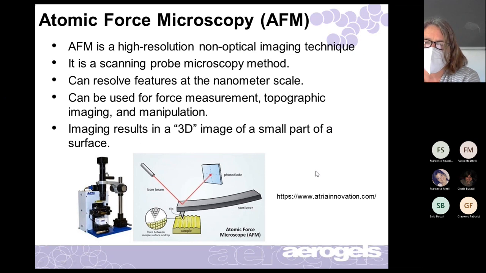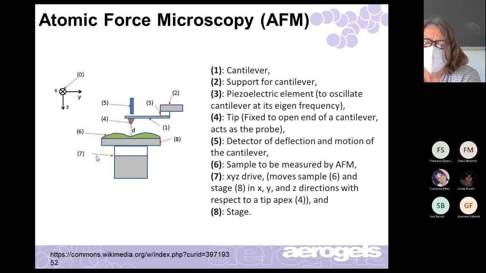Again, it's a small part of the surface. I have a picture of how it works. Being a mechanical engineer, I'd better get the pictures of the mechanical parts rather than the optical parts of the electrical engineers. This one makes much sense to me. Basically you have a cantilever with a probe on the end. This is just the support for the cantilever.